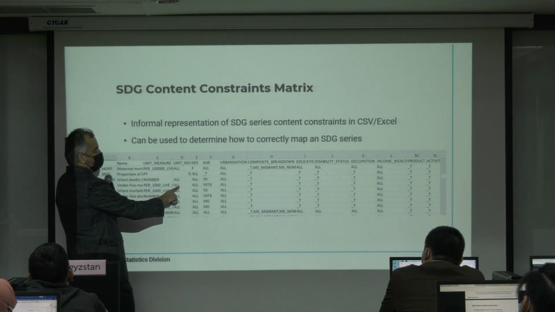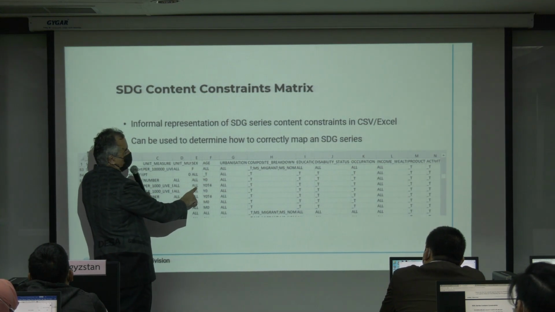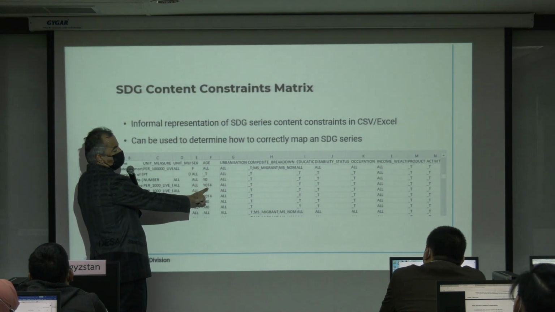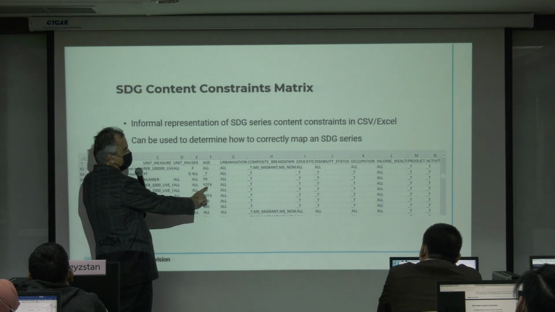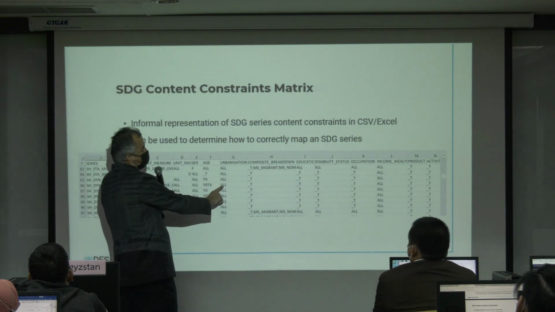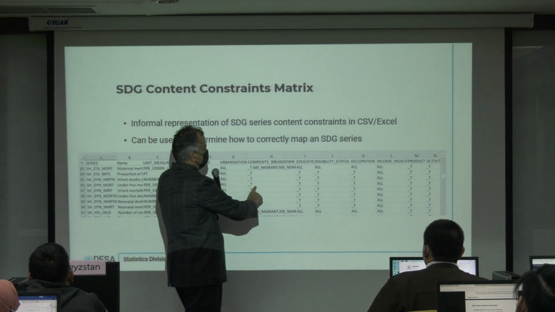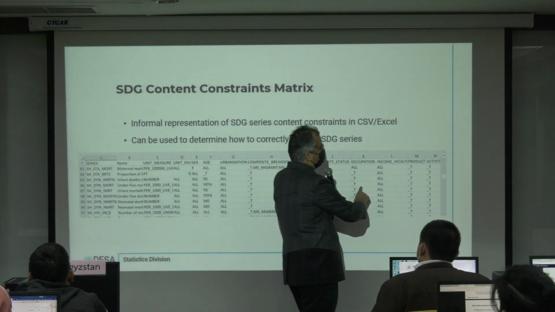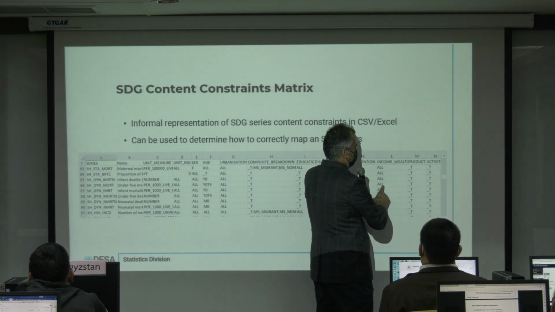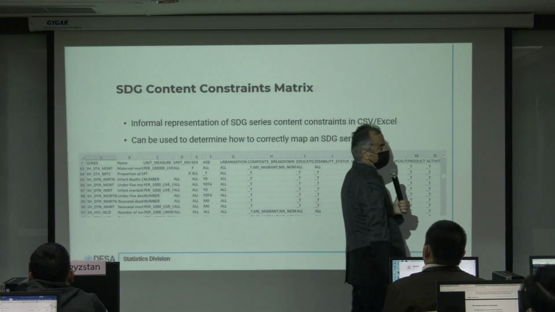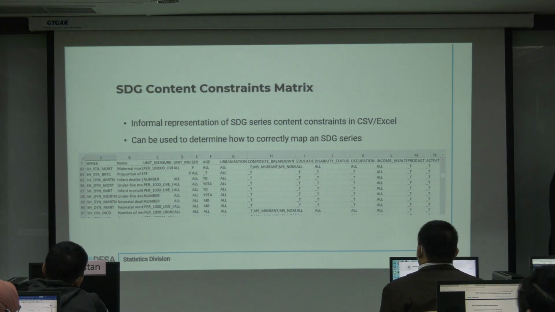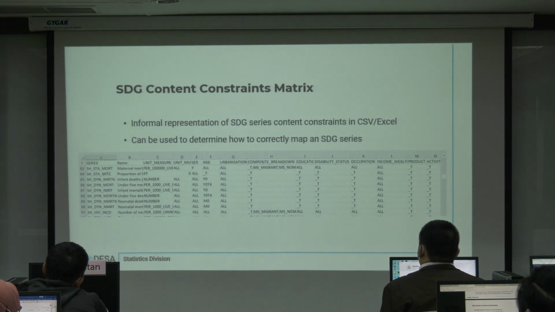The unit multiplier, anything is acceptable. Sex, anything is acceptable. The only valid age group for this series is 0 to 4 years of age. Urbanization, any code is valid, and then for the other dimensions there is no disaggregation, except income wealth quantile, for which any code is acceptable.